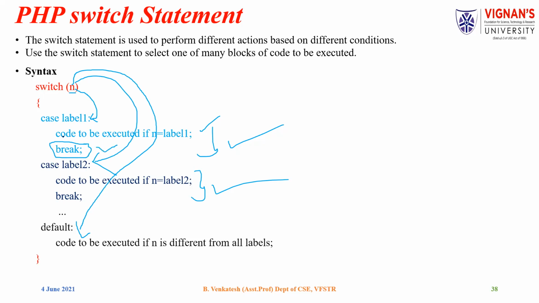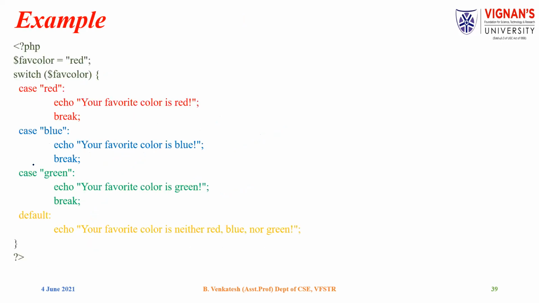If you do not give break, whenever a match is identified, the following cases are not checked; it only ends its execution when it encounters break. See here, we created a favorite color variable with value red.